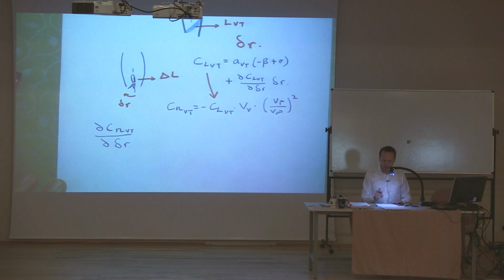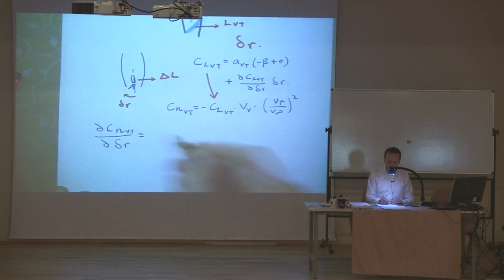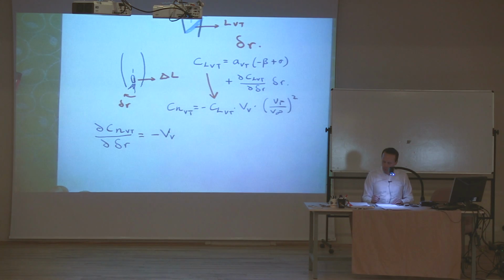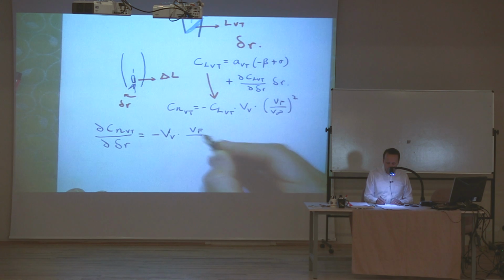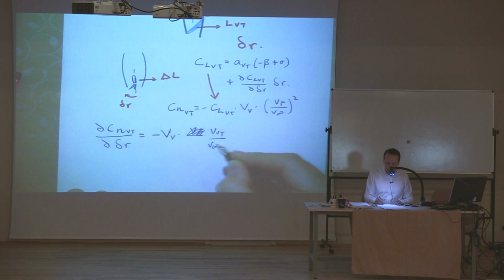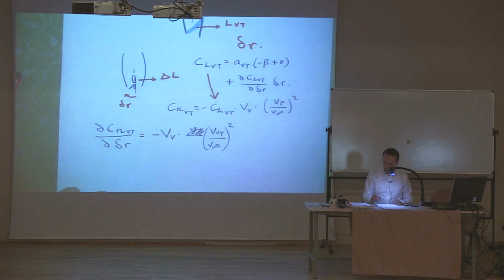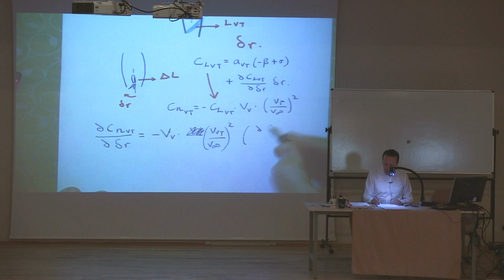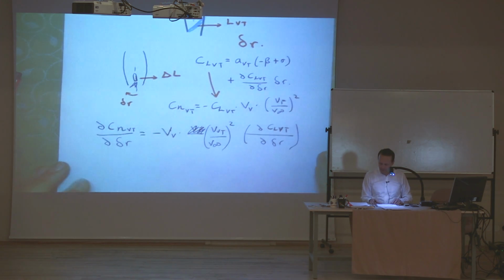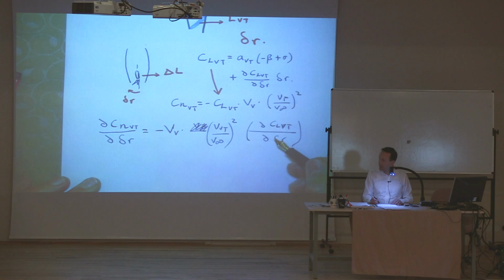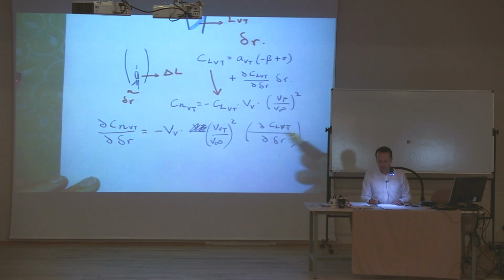The partial derivative would look like this: minus the tail volume ratio, which is a constant, times V vertical tail divided by V infinity squared, times now del CL of the vertical tail divided by del R. And this is the sensitivity. How big is your lift versus del R? This is that sensitivity.